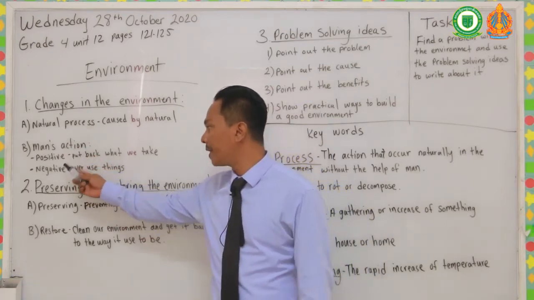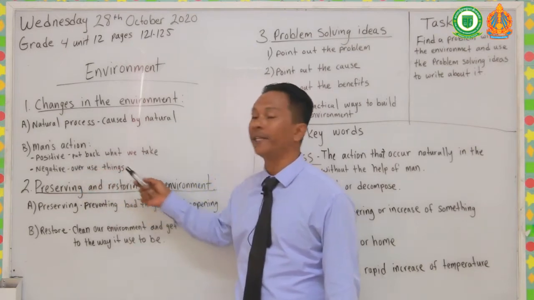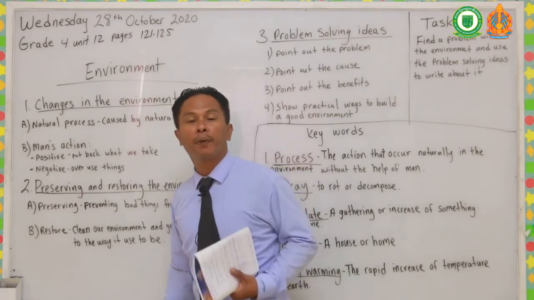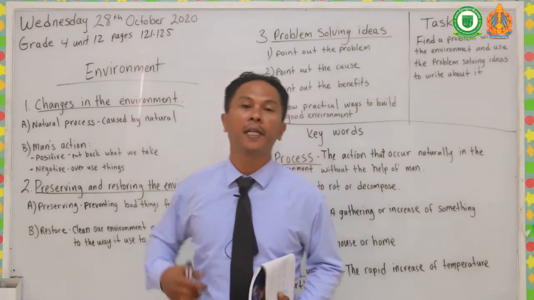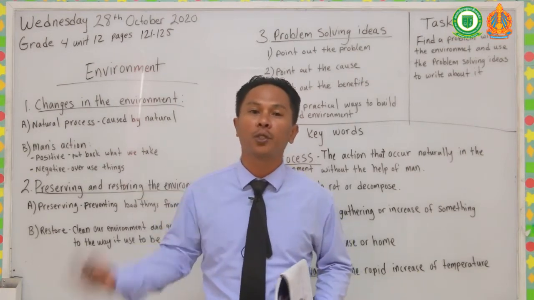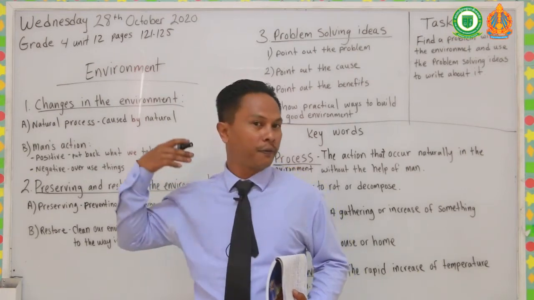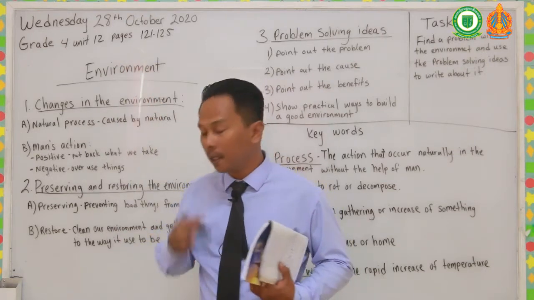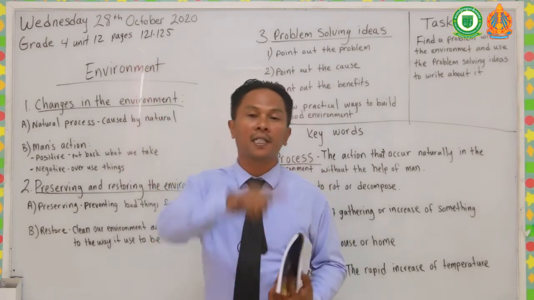Okay, and we can do that by putting back what we take. What that means is, for example, with the forest, if we take trees from the forest, the least we can do is plant more trees, so in a few more years, more trees could grow, and then we could reuse the trees again. So it's like a cycle.